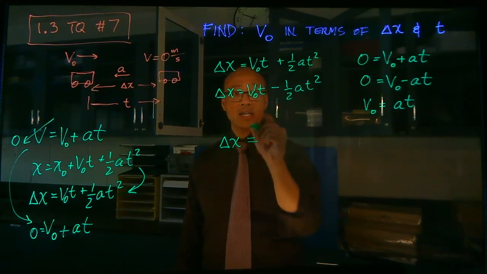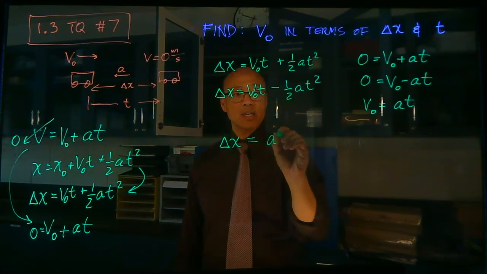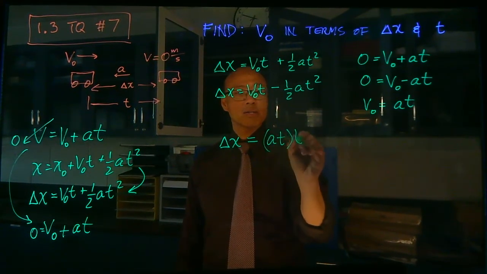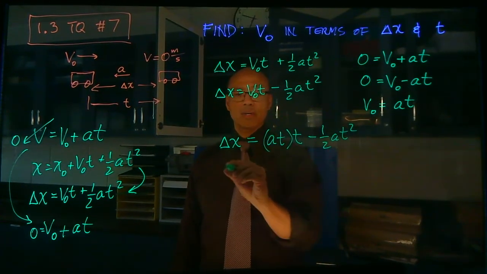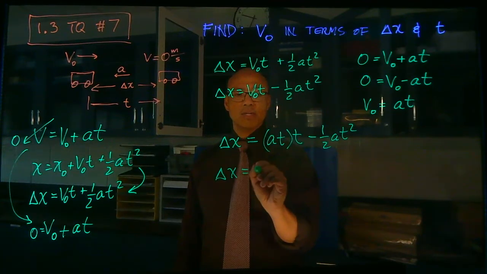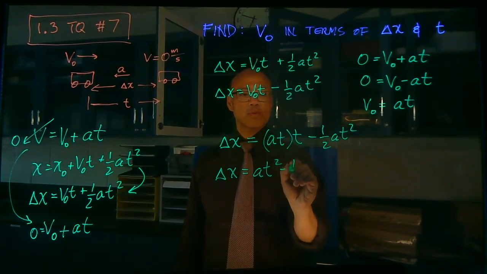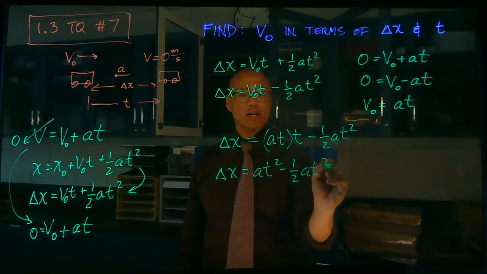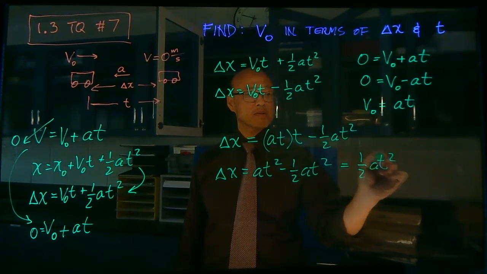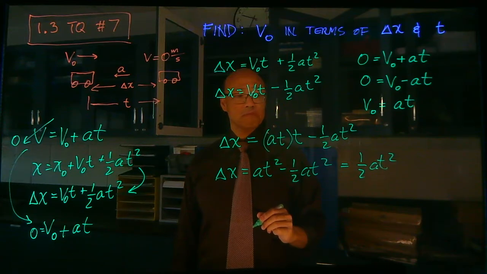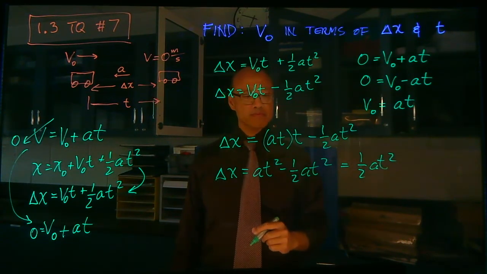So delta x is now equal to at times t minus 1/2 at squared. Well, delta x is just at squared minus 1/2 at squared, which is just 1/2 at squared. Okay, that looks pretty good.